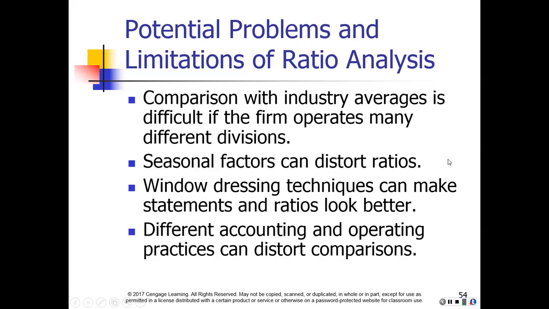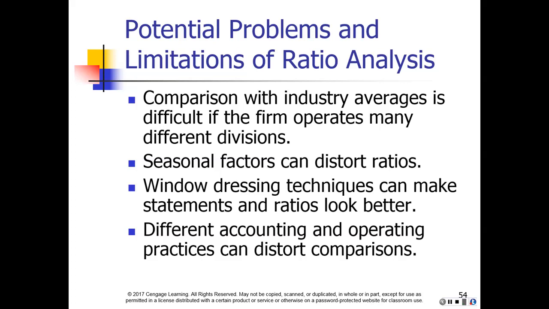Of course, we can draw conclusions about a company and compare it to other companies, but there are some limitations of ratio analysis, right? We can't use industry averages for a company which doesn't strictly operate in a narrowly defined industry. So if the company has many divisions, many different kinds of businesses, it'll be difficult to make those comparisons.